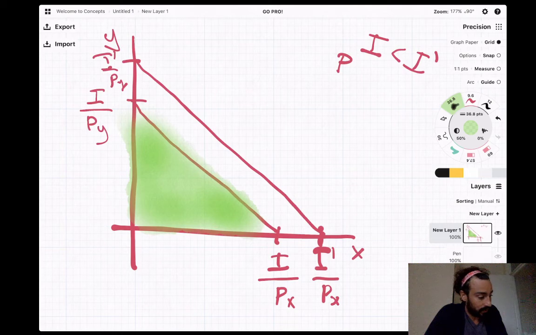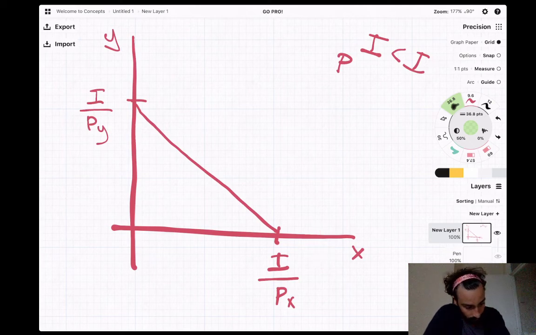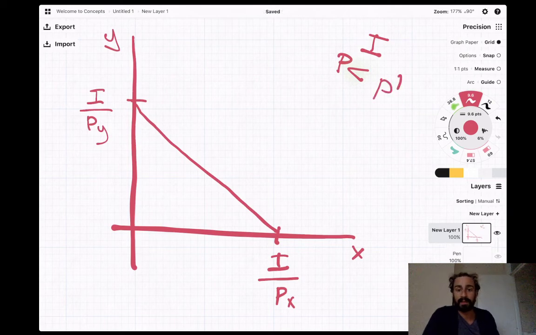What about if, let's just back up, and let's look at what happens if we make P bigger, right? So P prime is bigger than P. That means the prices are bigger, right? Well, now we're doing exactly the opposite thing that we did before.